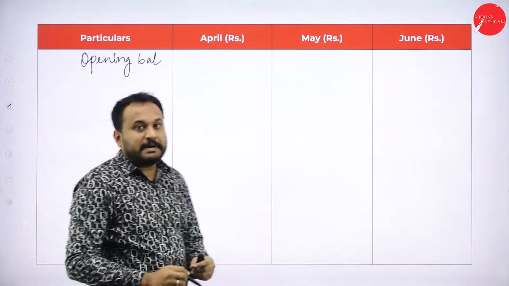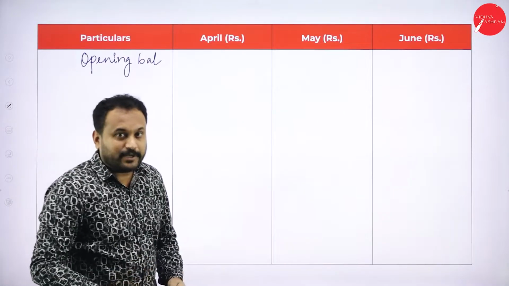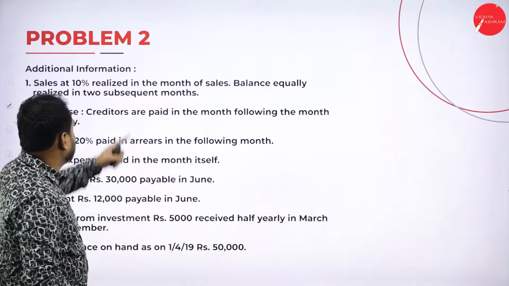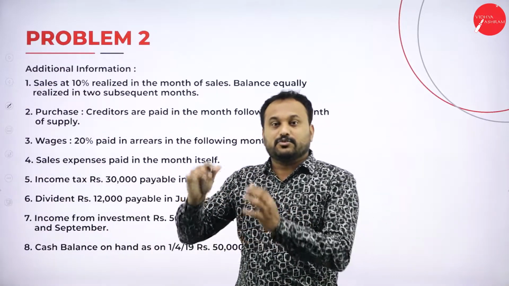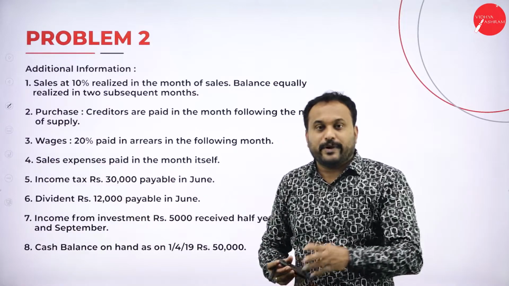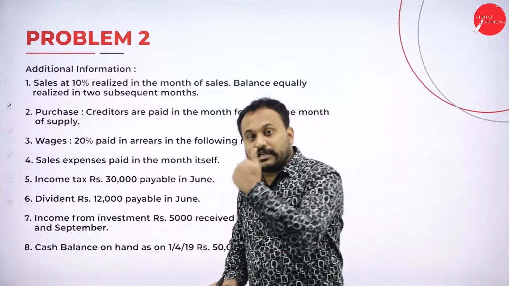What is the opening balance? In which month am I actually starting? That is in the month of April. So in the question, I should see when the opening balance is.